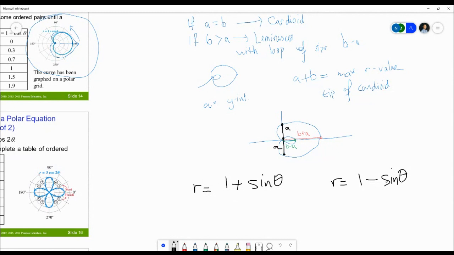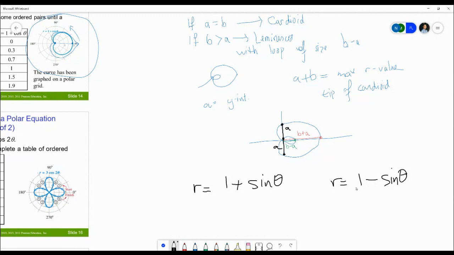Can you guess what will happen? Is there some kind of rotation involved? Now remember that sine and cosine only differ by 90 degrees. So yes, you can definitely think of that as a rotation of 90 degrees.